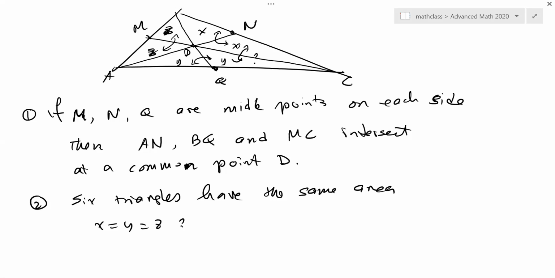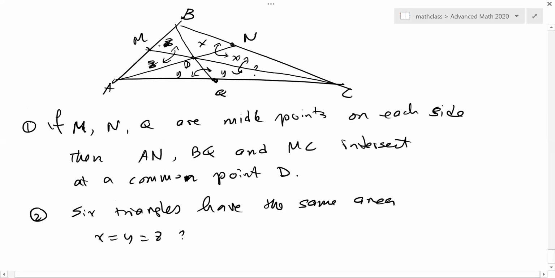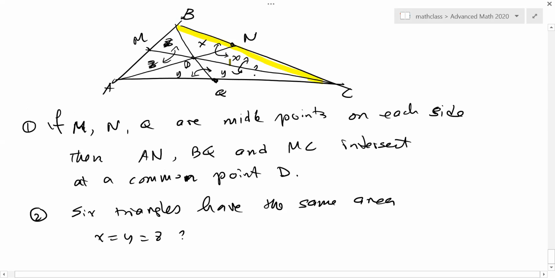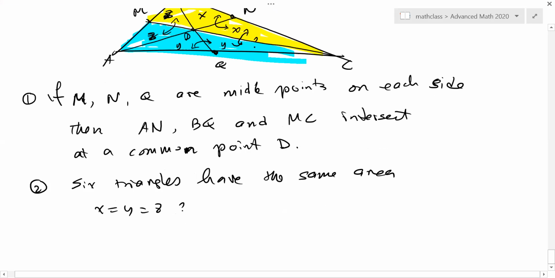The other property is as follows. You compare these two larger triangles. Let me draw in color. You compare this triangle with another triangle. If you compare those two triangles, they should have the same area.